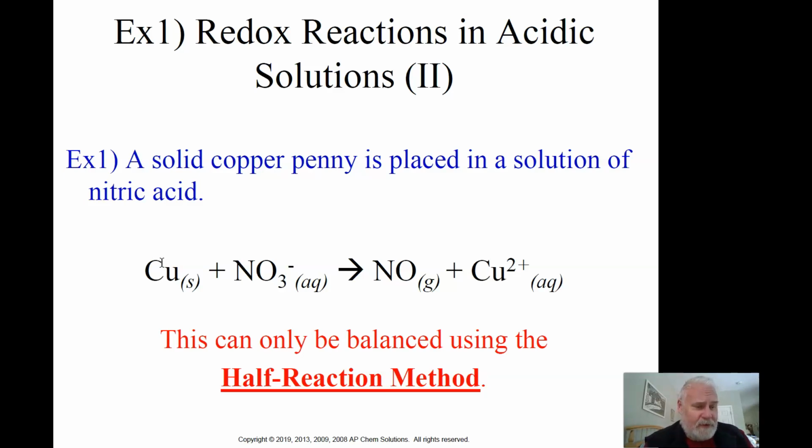So if we were to do that instead, you'd notice a couple of things. Number one, the first thing you'd notice would be this brown NO gas, nitrogen monoxide, coming out of there. It's a very dark brown and nasty gas. So this is something we would do in the hood.